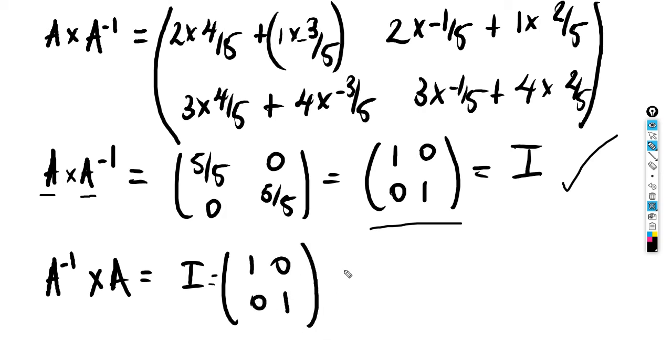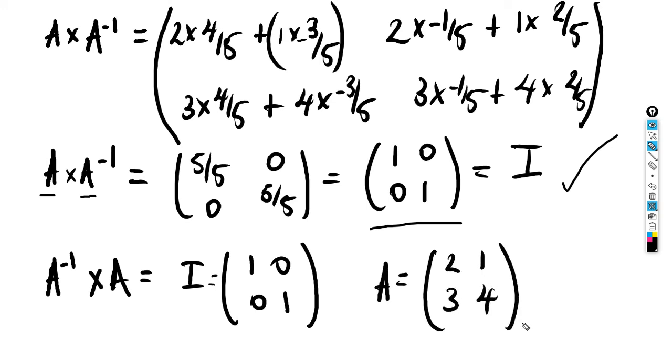So you can check it out to see if you get the same thing. Remember that A was equal to 2, 4, 1, 3. So you can find the inverse and multiply it by A and check if you get the identity matrix.